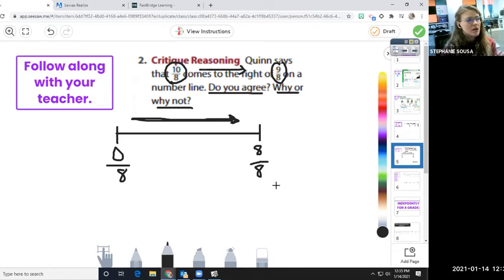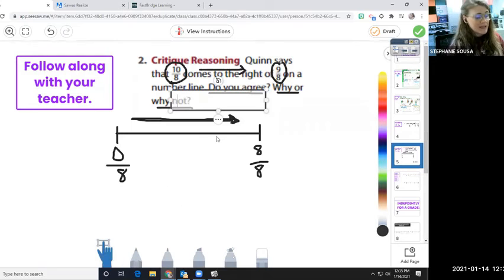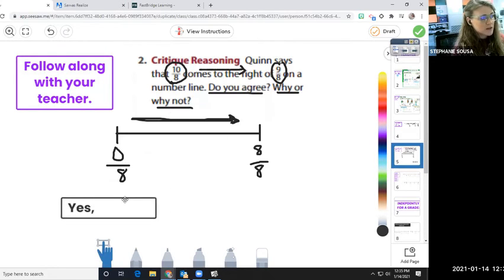We're moving on up. Okay, so would 10/8 come to the right or after 9/8? Yes. Okay, it would because the numbers get larger. So we're going to explain if we agree. So yes, and then I'm going to move this text box so I can see.